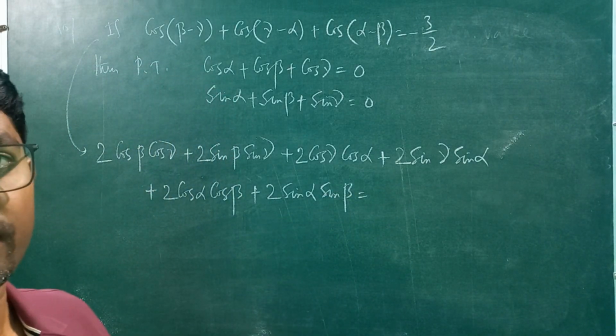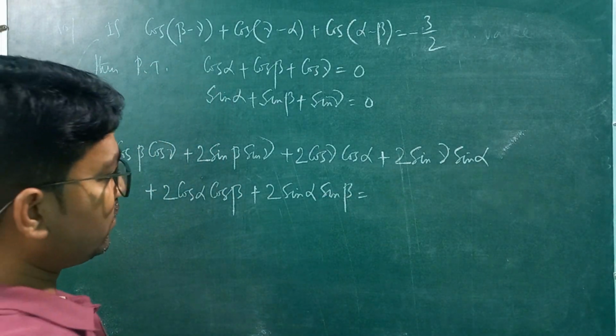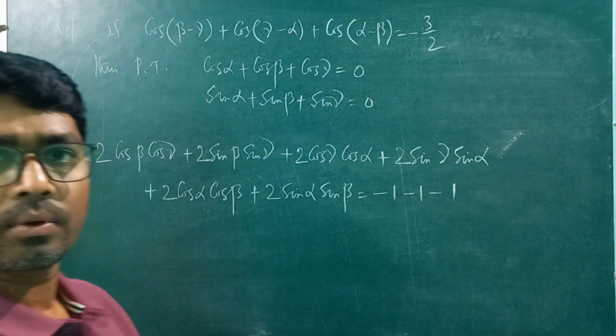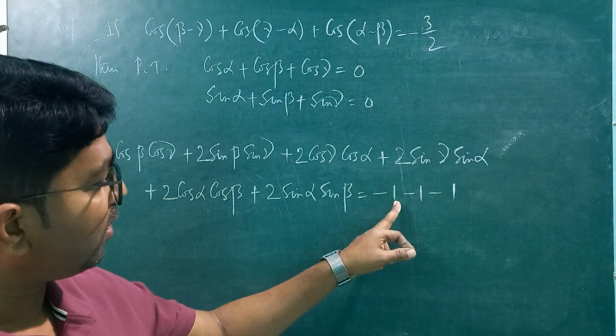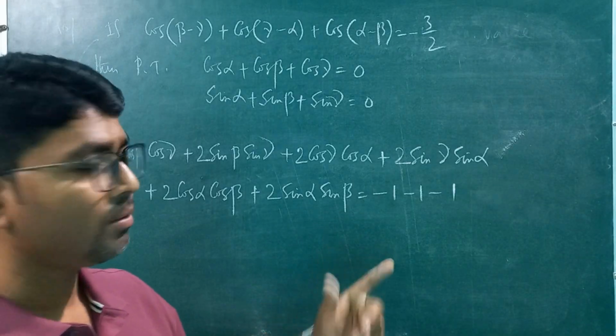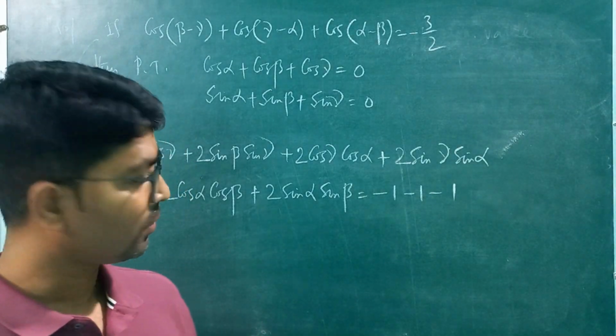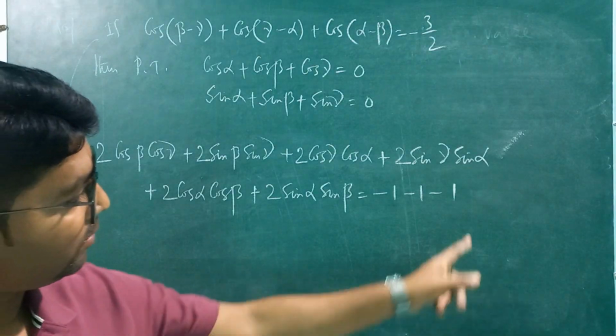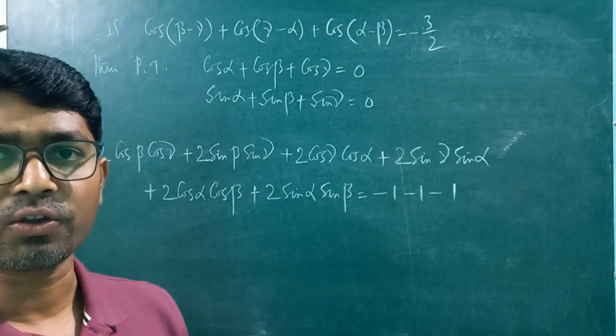Now how can we write this minus 3? Minus 3 means minus 1, minus 1, minus 1. Now I can write this one as sin square alpha plus cos square alpha, this one as sin square beta plus cos square beta, and this one as sin square gamma plus cos square gamma.